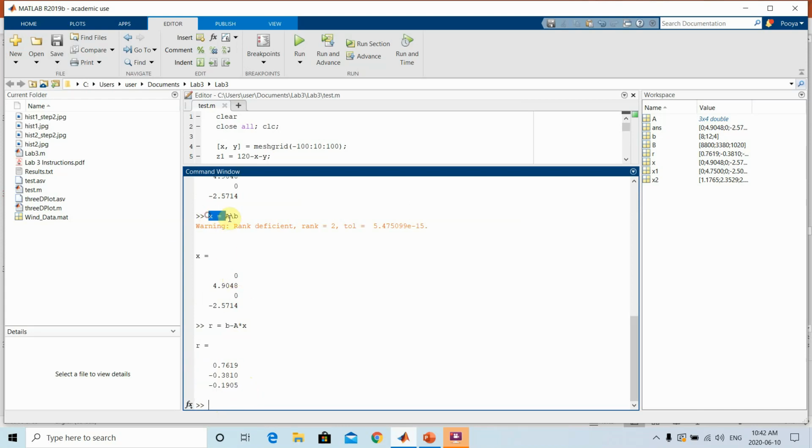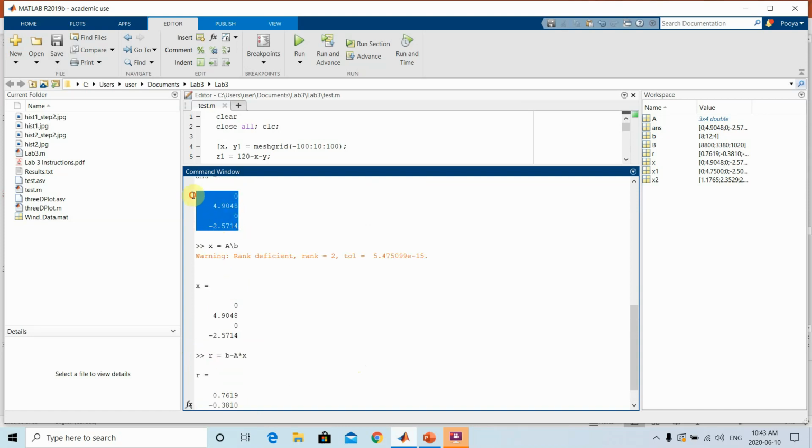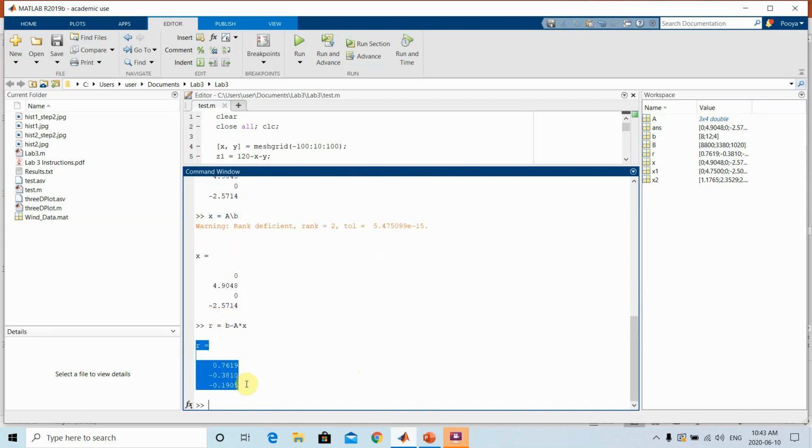But the A backslash, the left division method or the Gaussian elimination method, would give us the solution that has the smallest error, the smallest residual vector in the least square sense. If you raise these elements to power 2 and add them up, for this solution that we have, the residual vector is going to be the minimum.